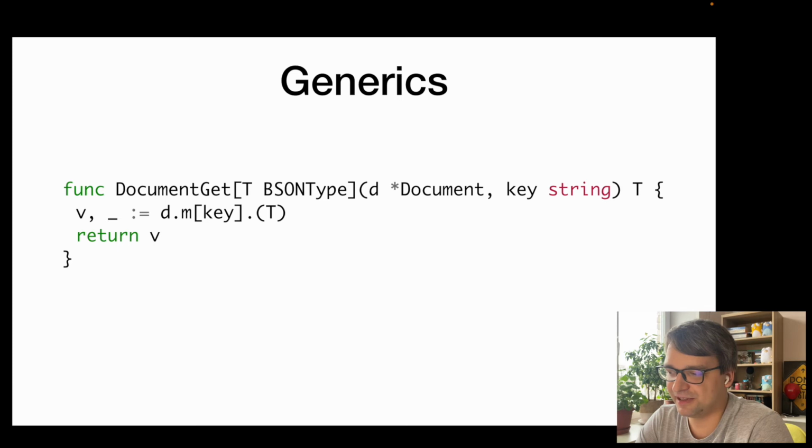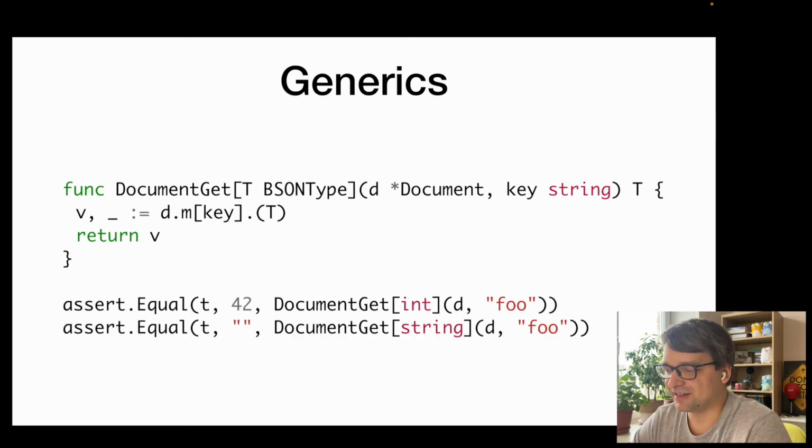And if the type is not correct, we return a zero value of the type to indicate that this field is not present or the type is incorrect. We could also return a Boolean value, for example, but for simplicity, let's say we return the zero value. That may be not that useful. Again, the problem here is that the caller should know the type. Here we don't assign that to any existing variable, so we have to specify the type explicitly.